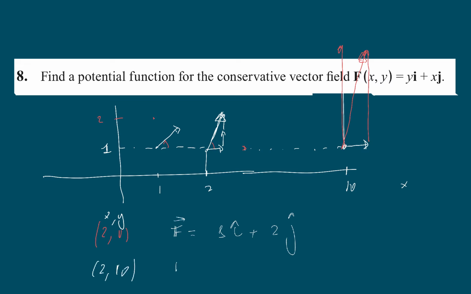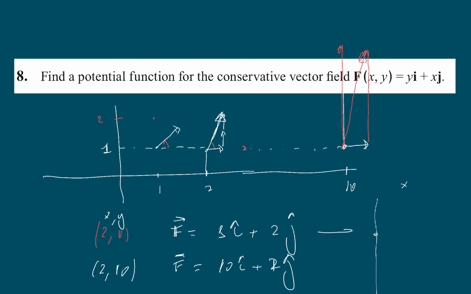So the vector field will be 10i plus 2j. As I'm moving up, the vector starts like 1i plus 2j, and as I keep moving up, the vector is now 10i plus 1j.